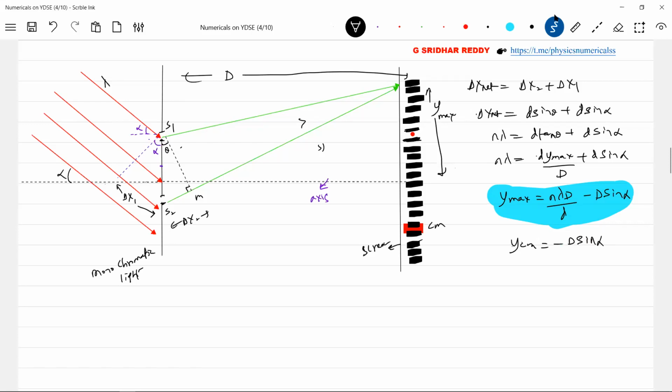Now, any other thing? What is the order of interference opposite to slit S1? So we'll calculate that one. Y S1, I'll write it. Where should I get the order of interference I want? Order of interference opposite to slit S1.